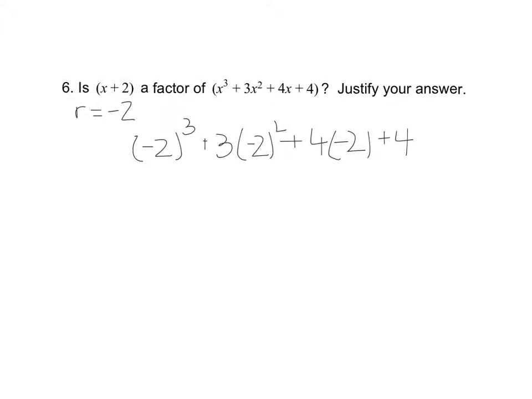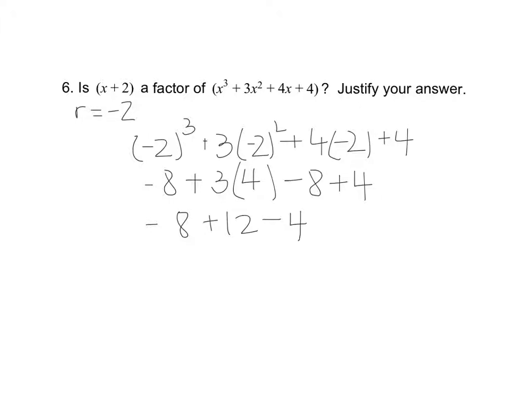Negative 2 cubed is going to be negative 8, plus 3 times negative 2 squared, which is plus 12, 4 times negative 2 is negative 8, plus 4. So negative 8 plus 12 is 4, and negative 8 plus 4 is negative 4. 4 minus 4 is 0.